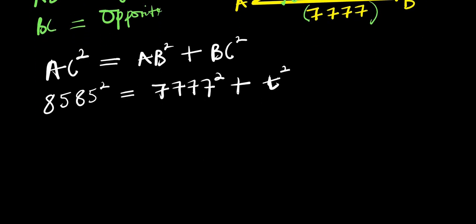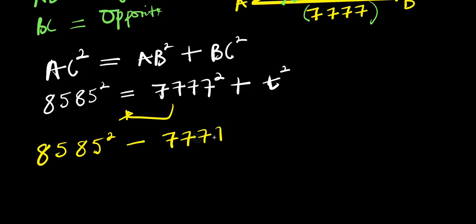Now, what do we do? I can easily move this over here. I have 85 power 2 minus 77 power 2, and this equals T power 2.